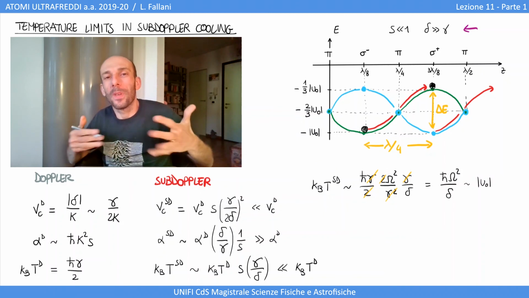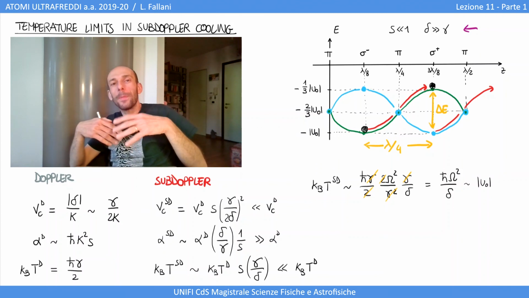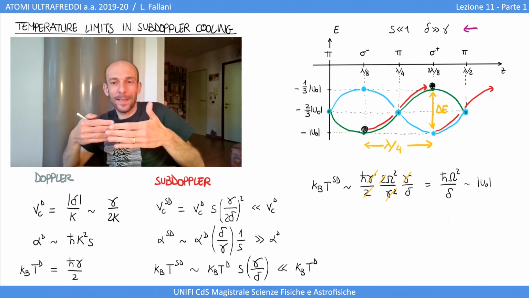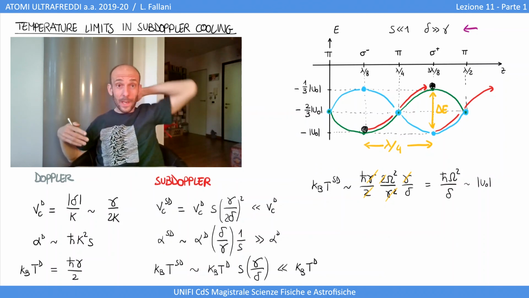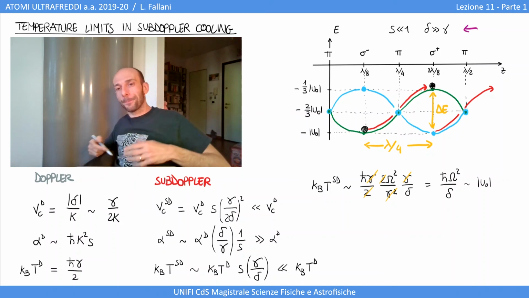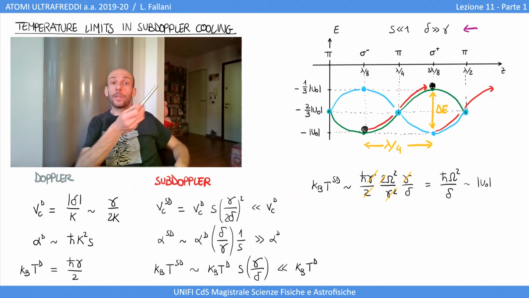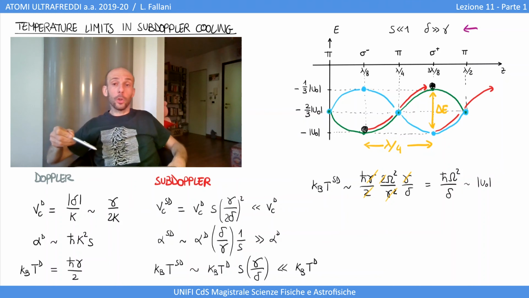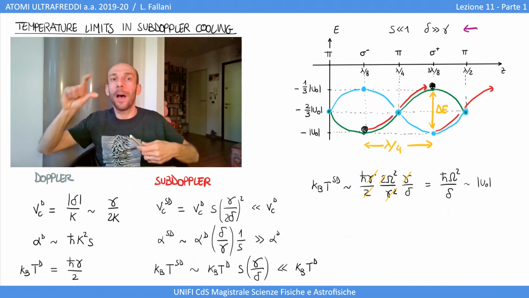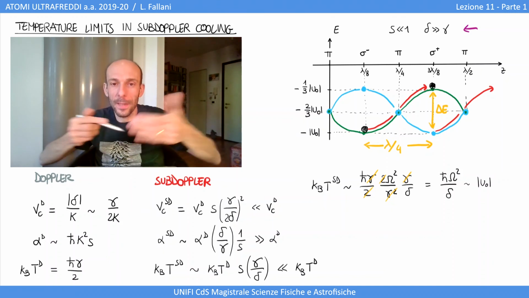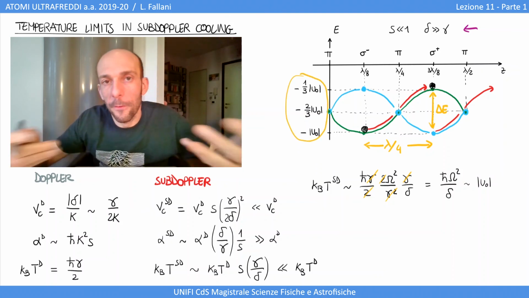So in very simple terms, people say that the limit for subdoppler cooling is basically set by the energy scale of the light shift. So basically this cooling process is efficient only when the atom has the possibility to climb the potential hill and arrive from the bottom to the top of the hill. And so this corresponds to an average energy that is on the order of the height of the hill, that is basically on the order of U0.